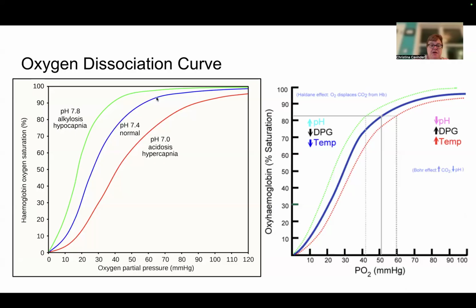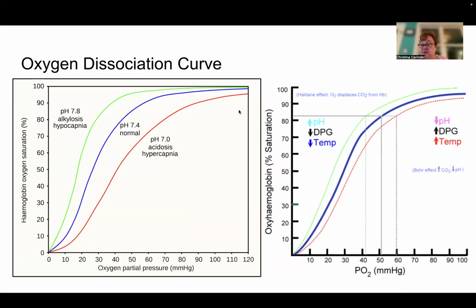At 95% you see it flattens out. If we have an oxygen saturation of 98%, I would say is about here. Well, it's also almost all the way over here too. So we could have a PO2 of 80, or we could have a PO2 of 200.